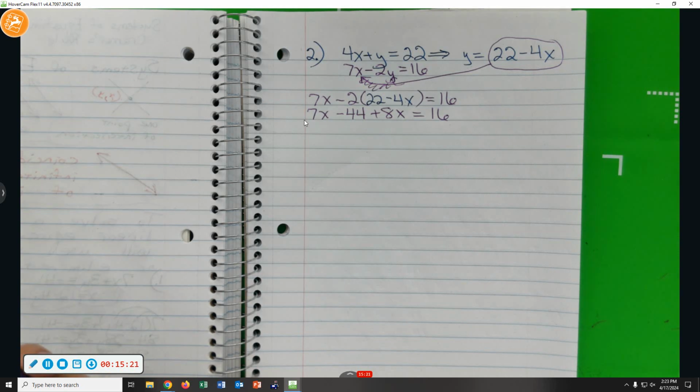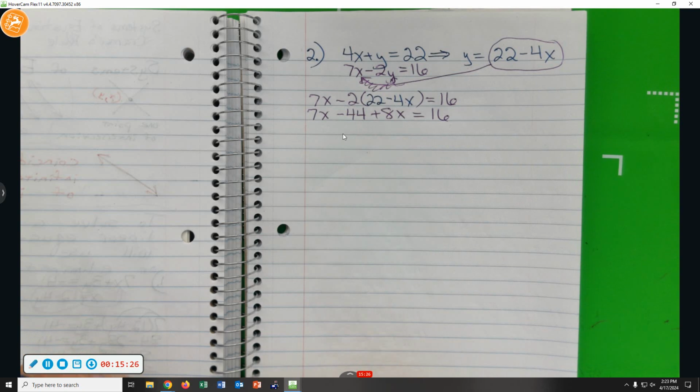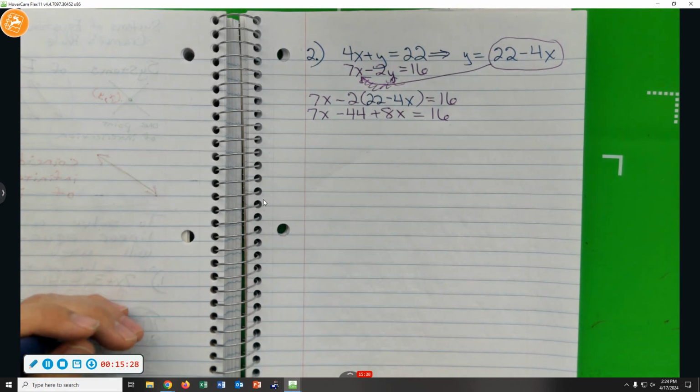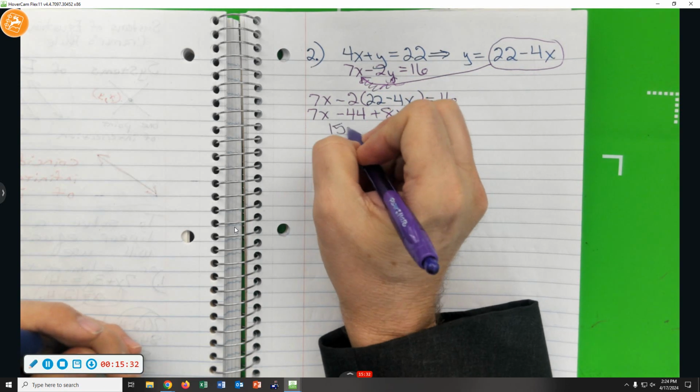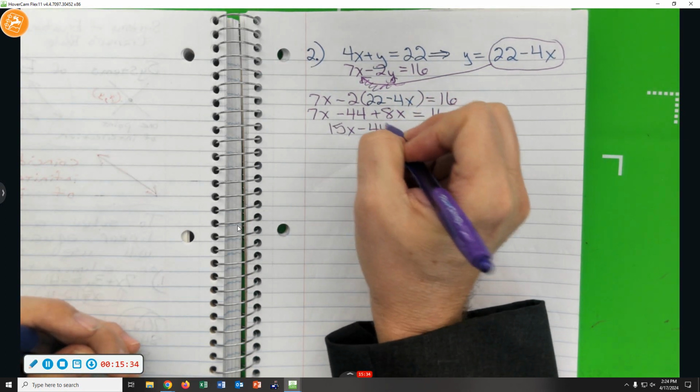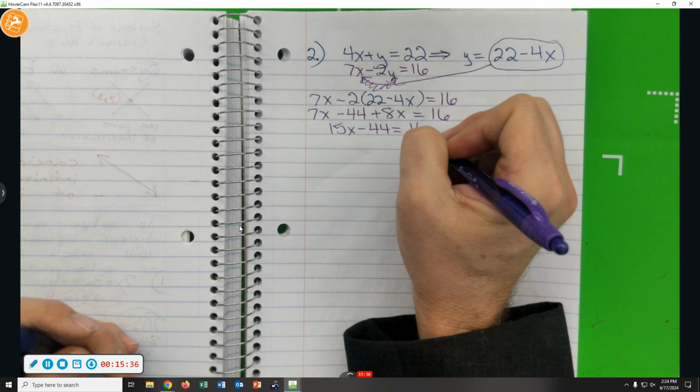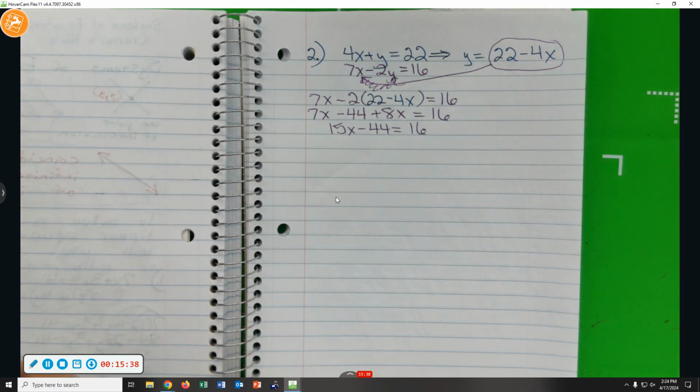Let's combine the x terms. 7x plus 8x is 15x, so we have 15x minus 44 equals 16. There's really only one sensible next step. What is it?